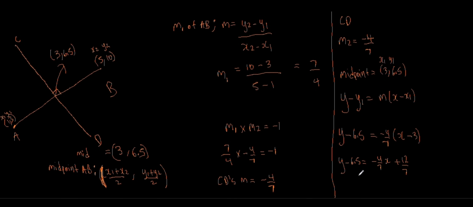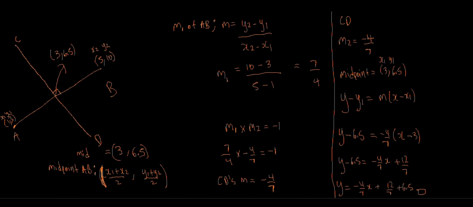And we need to carry this across, so we would get y equals minus 4 on 7 x plus 12 on 7 plus 6.5. Now we can neaten this up here, but I don't have my calculator on now, so this could do. So this is the equation of the perpendicular bisector CD.